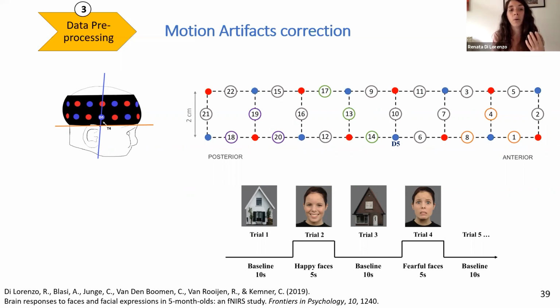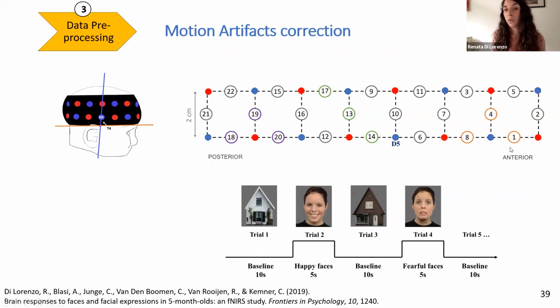I recorded hemodynamic activity from 5-month-olds from the right hemisphere. This was my headband, and you have sources in red and detectors in blue, or transmitters and receivers. This is basically the scheme of the optode template, and these were my regions of interest.